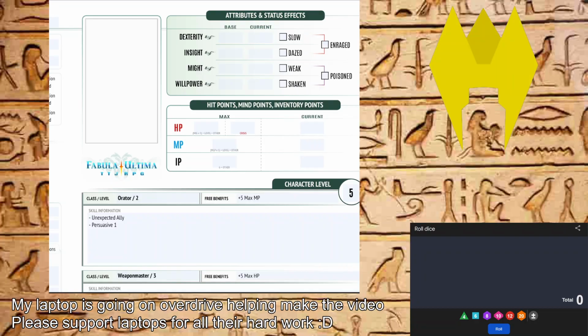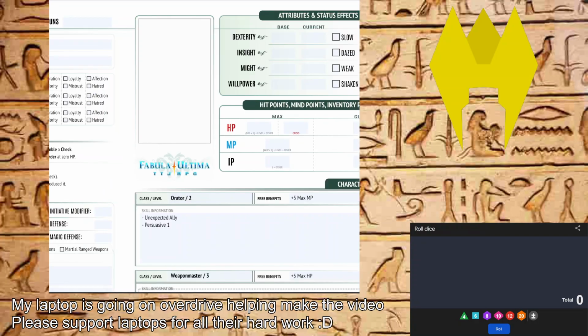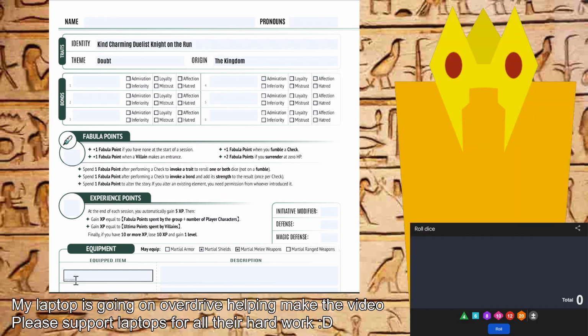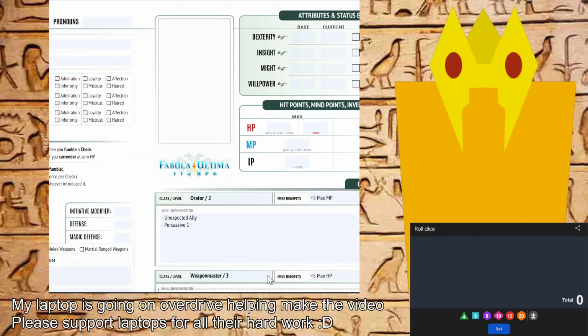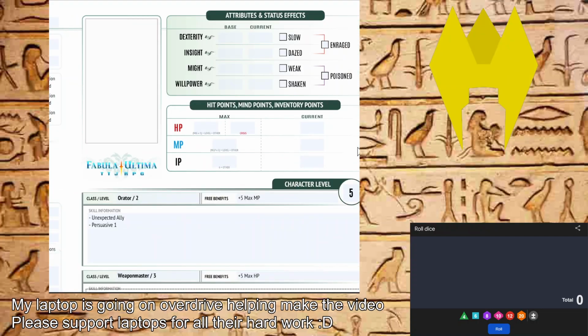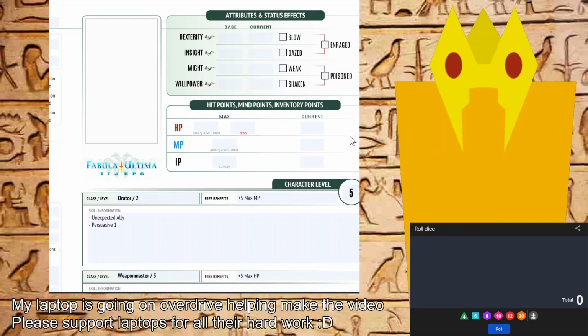We are creating a kind, charming duelist on the run. Of course, we're gonna be specialized in some attribute in particular, and I would say decent in all others, right? Now, I'm thinking of actually doing average here, and here is what I will do.